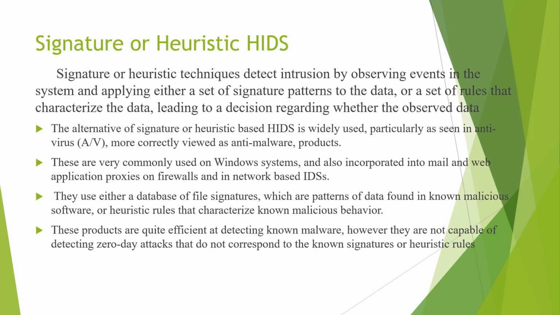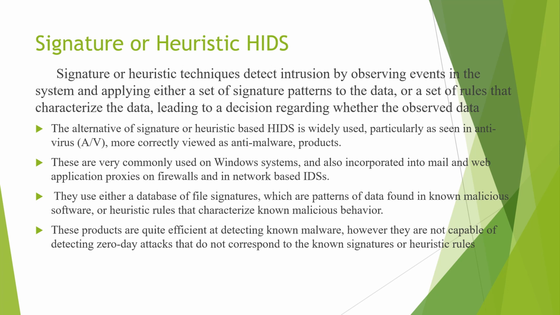Signature or heuristic HIDS. The alternative of signature or heuristic based HIDS is widely used, particularly as seen in antivirus, more correctly viewed as anti-malware products. These are very commonly used on Windows systems and also incorporated into mail and web application proxies on firewalls and in network-based IDS.